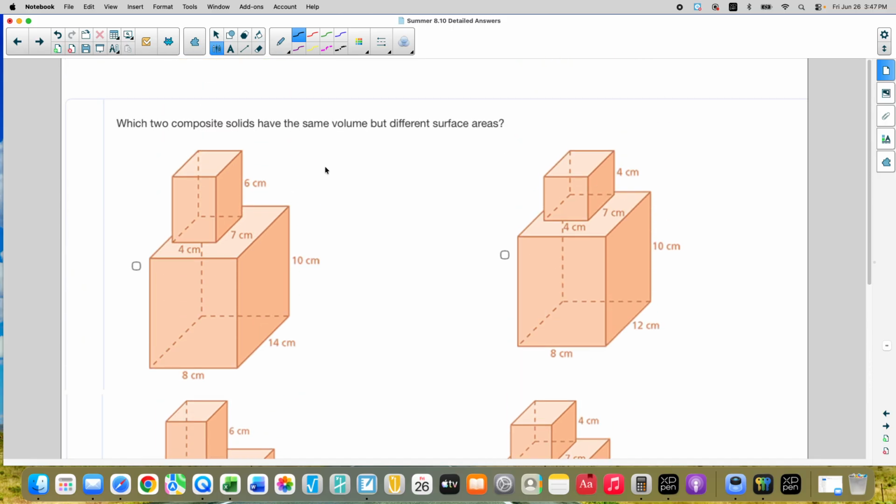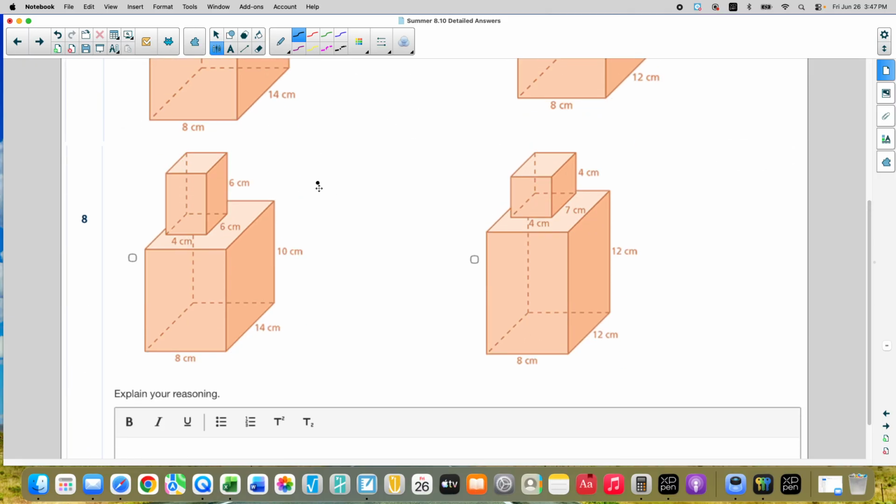Okay. So this is going to be 4 times 6 times 7 plus 8 times 14 times 10. And this is going to be 4 times 4 times 7 plus 8 times 12 times 10.